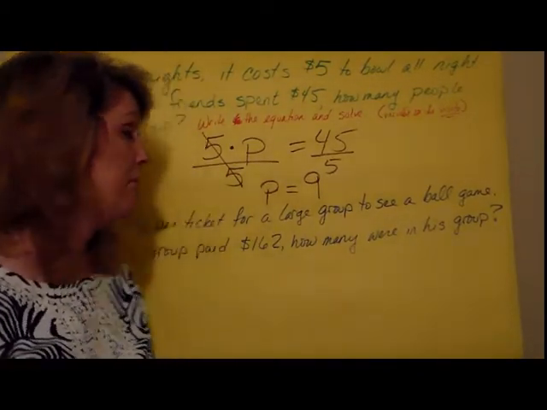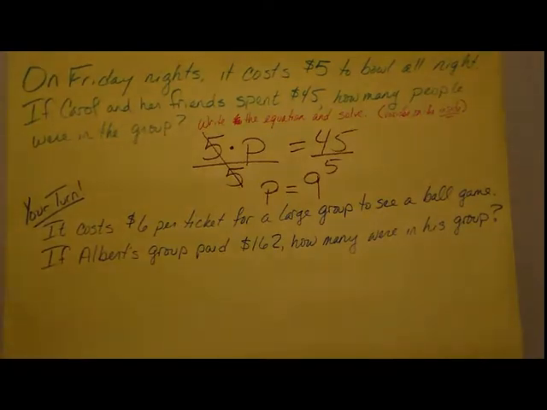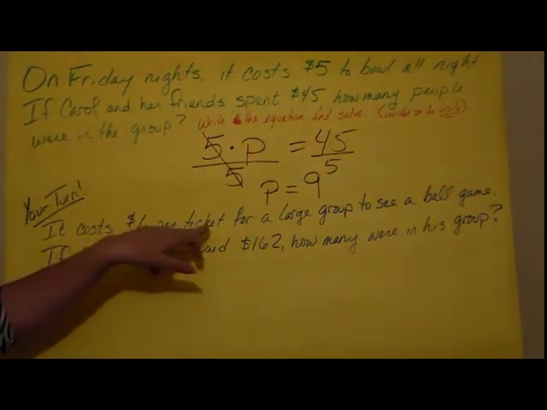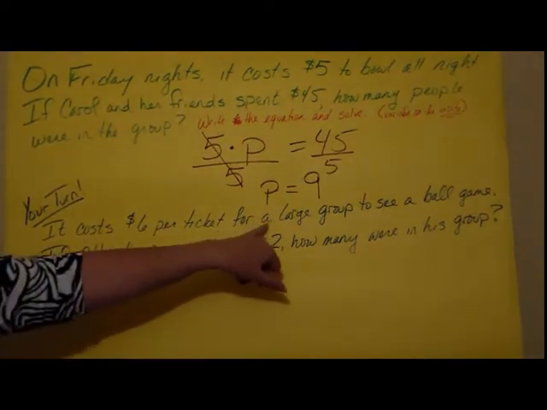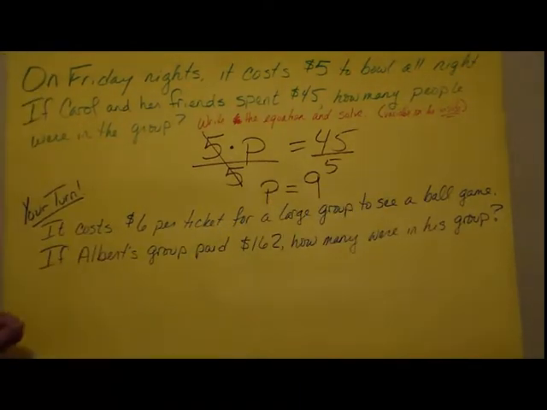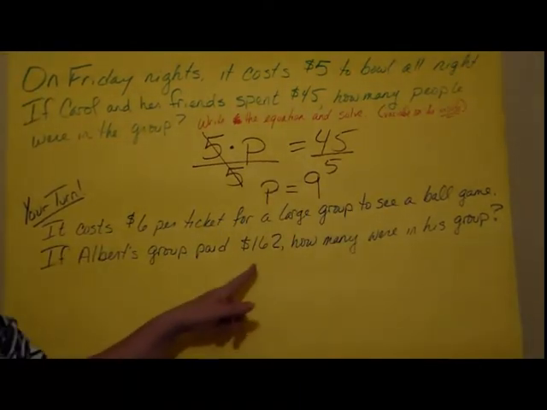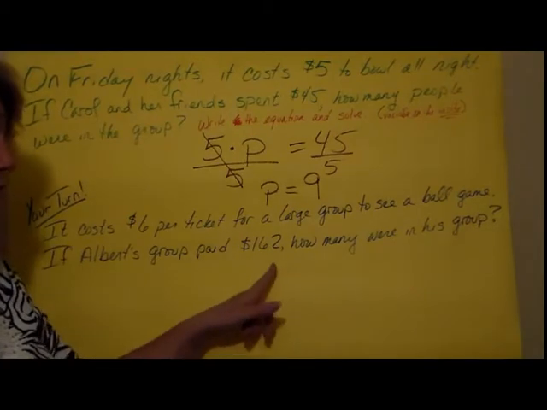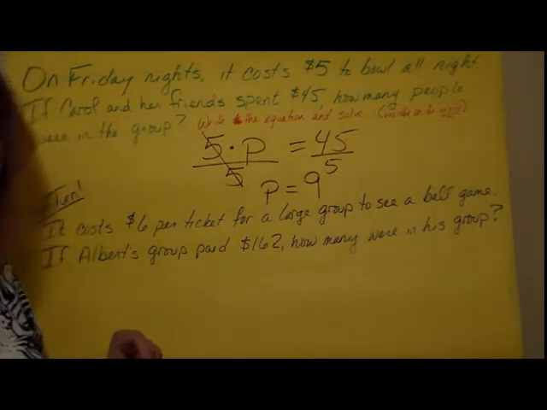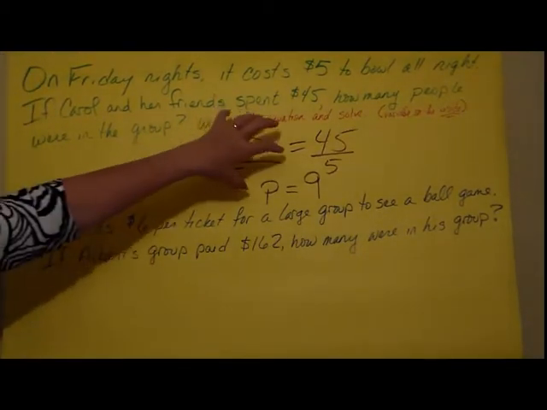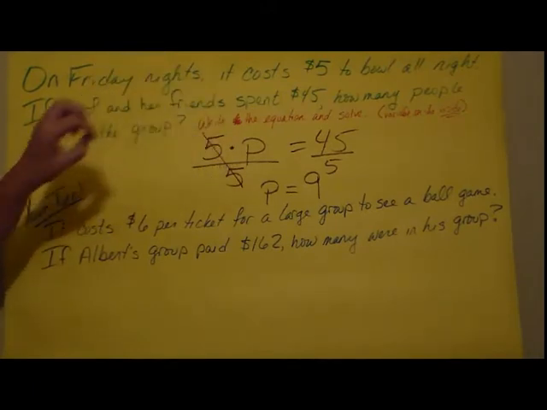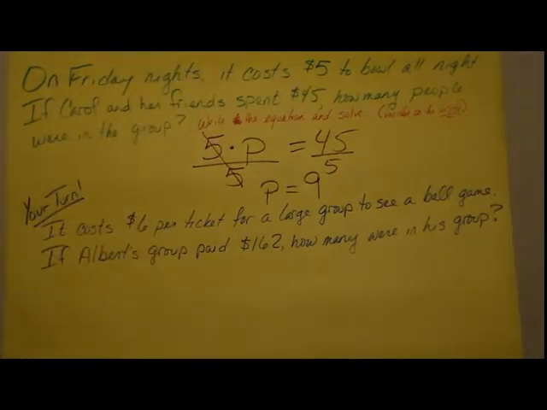Got it? Now you get to try it with this one. It costs $6 per ticket, so there's your multiply, for a large group to see a ball game. If Albert's group paid $162, this is your total, how many were in his group? So see if you can use this sample to set up this equation and solve. Hit pause, come back when you're done.